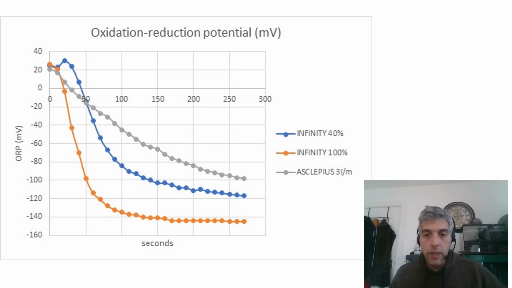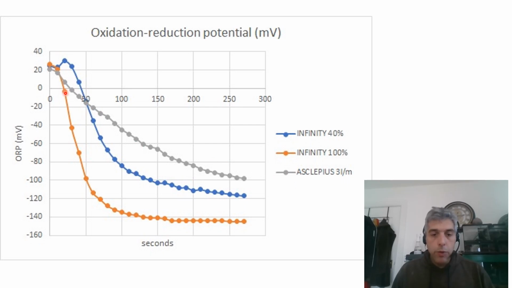So you've got the 40% setting, which was doing 533 milliliters per minute in total, and you've got the 100% setting, which was doing 833 milliliters per minute, and this is a Type 2 medical device that was actually giving mixed hydrogen oxygen at 3 liters per minute as the grey line.